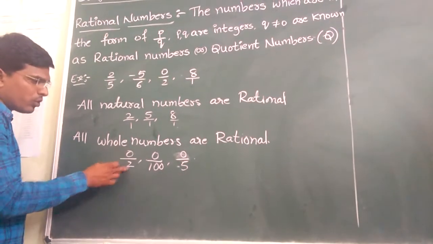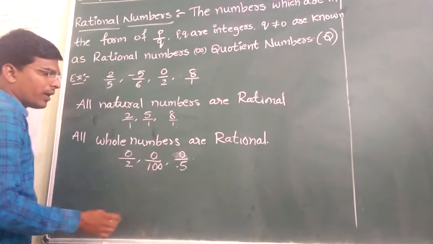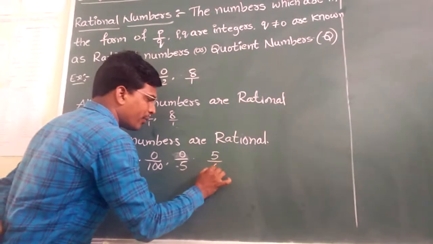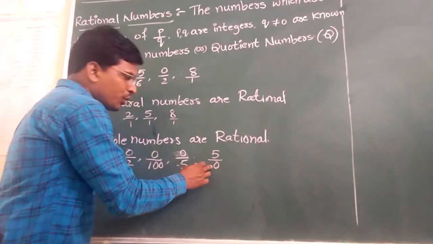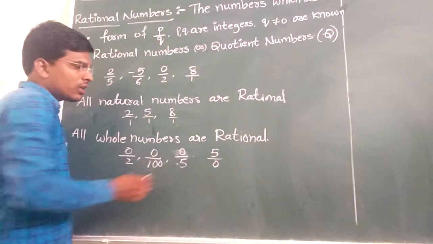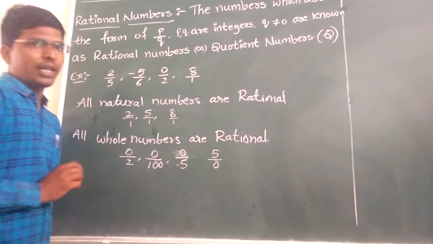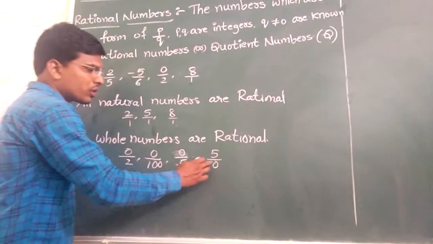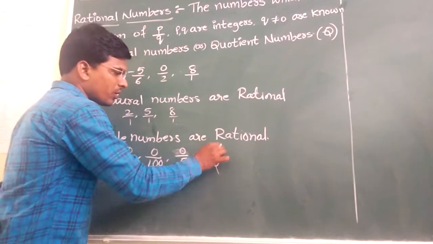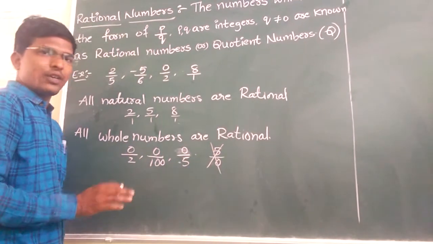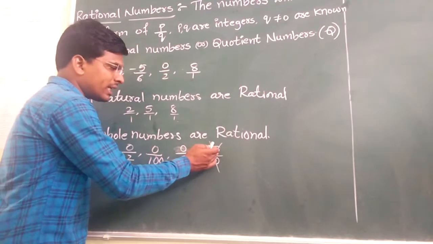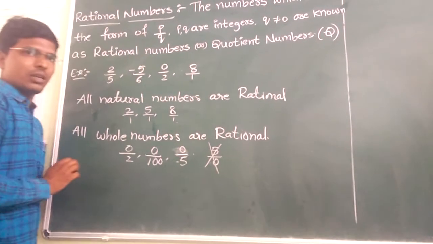But we can't write 5 by 0. Why? Because q should not be equal to 0. If I write like this, what will happen? 5 by 0 is an undefined value. So that's why we are not taking it into consideration as a rational number.